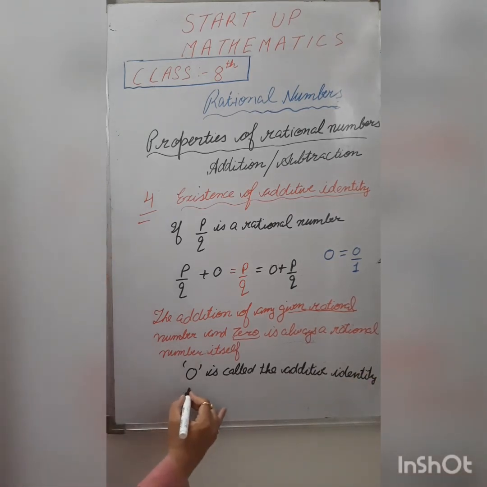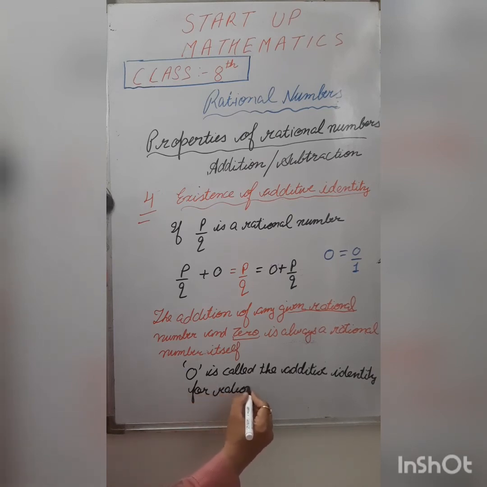Additive identity for rationals, right? So this is the fourth property, that is the existence of the additive identity. It means what should we add to a given rational number so that the given rational number does not lose its identity.